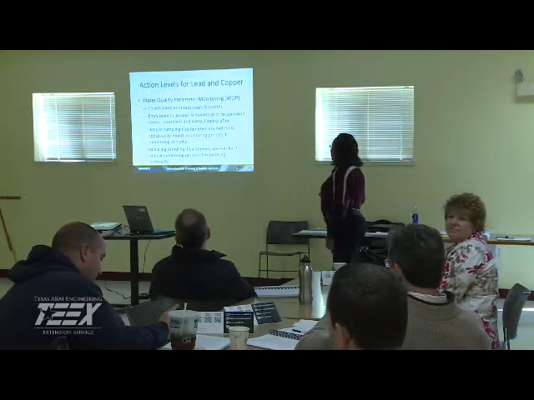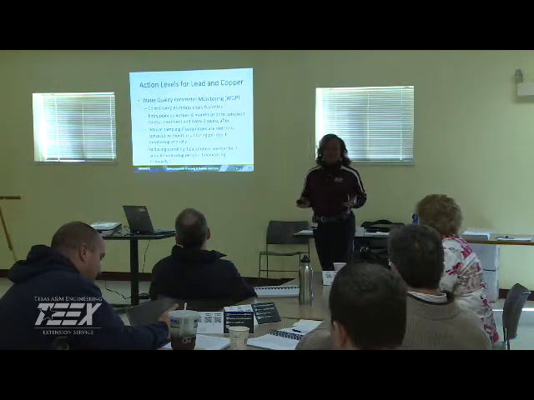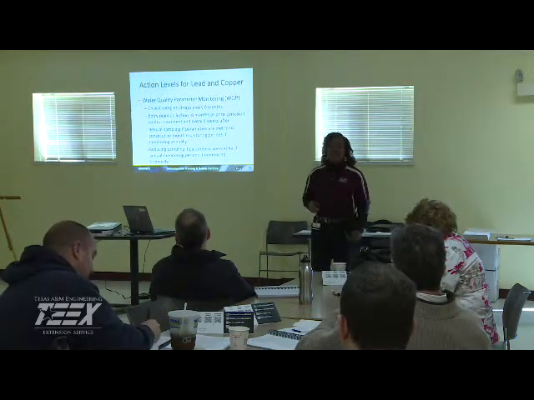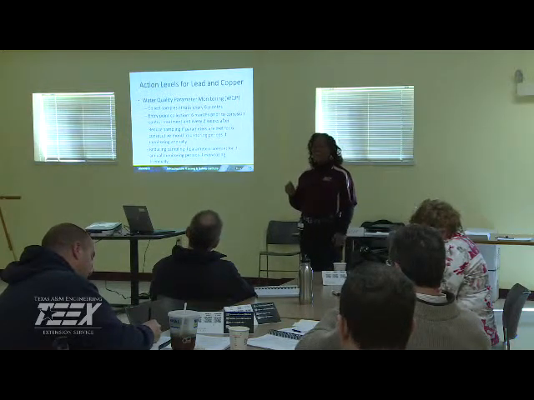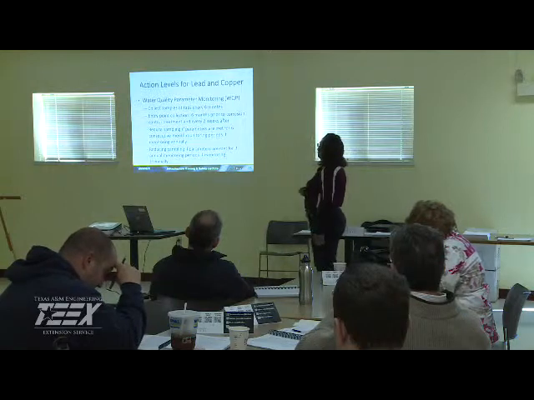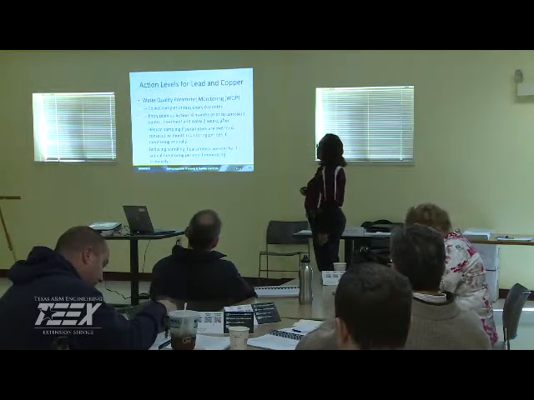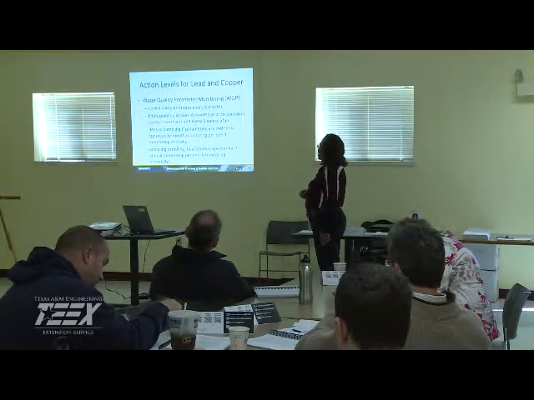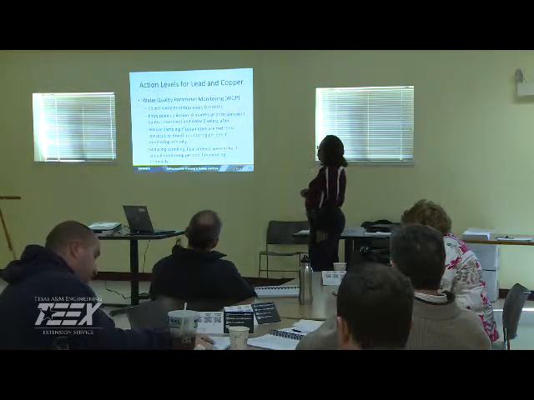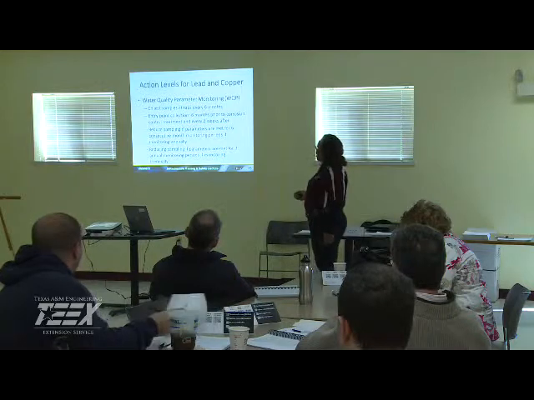Now, as far as water quality parameters, and from time to time, out of the blue, I'll just ask you a question that we've covered, just to make sure that we're all still awake. For your water quality parameters monitoring, we're going to collect samples at taps every 6 months. Entry point collection is 6 months prior to corrosion control treatment, and then 2 weeks thereafter.